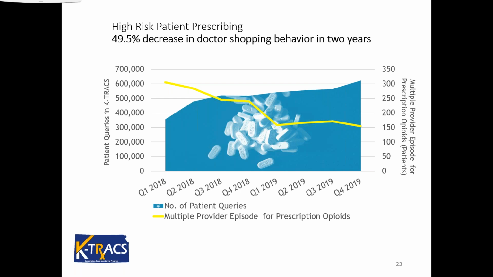That's the yellow line, and we know that there has been an almost 50% decrease in doctor shopping behaviors among patients for the past 2 years. And it has stabilized in 2019, but that 50% decrease in the past 2 years is really one of the things that we attribute to the investigation piece that we've done at the Board of Pharmacy and at KTRAX with the assistance of our KTRAX Advisory Committee.